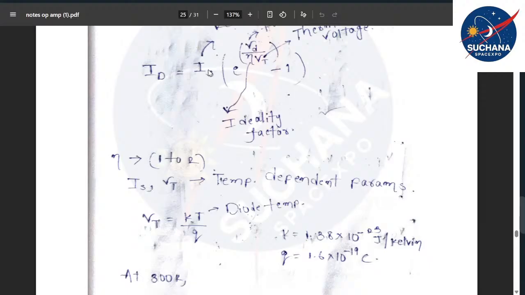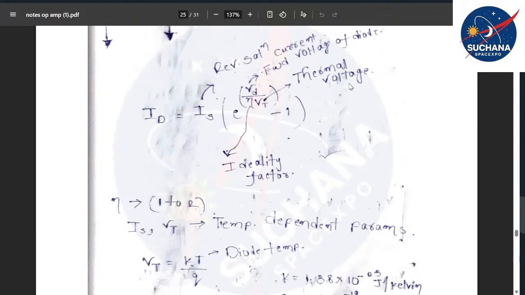The second parameter, as the name suggests, is the thermal voltage, which is due to thermal agitation, so due to the temperature. So VT and IS are temperature dependent parameters.